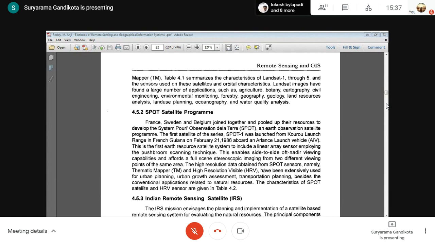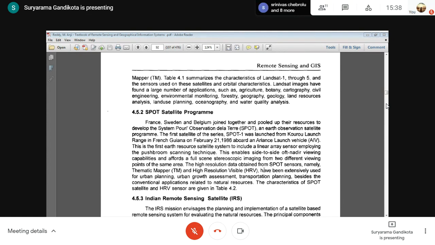This enables side-to-side off-nadir viewing capabilities and offers full-scene stereoscopic imaging from two different viewing points of the same area.